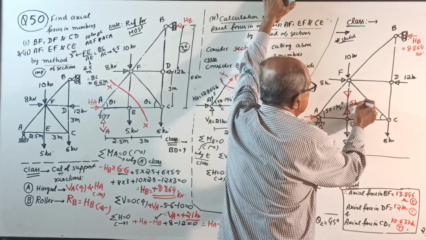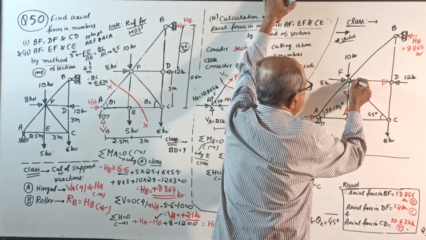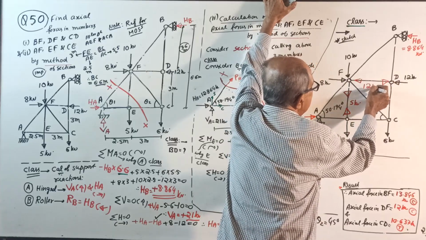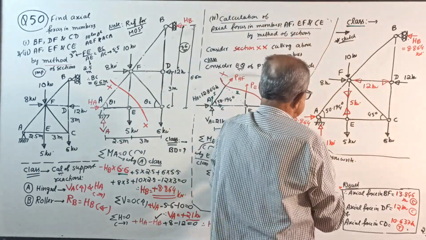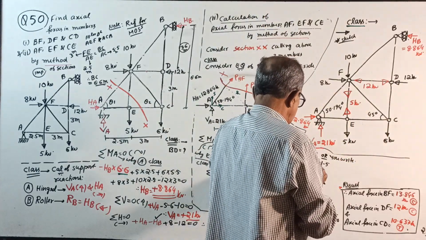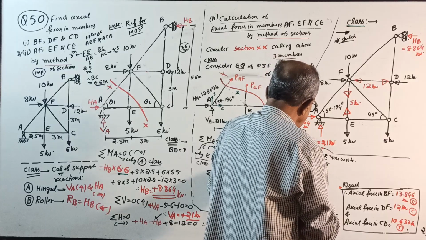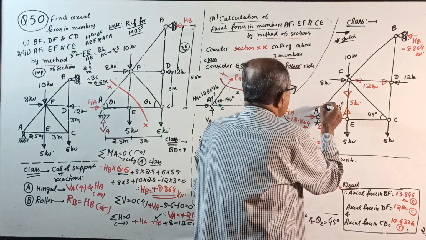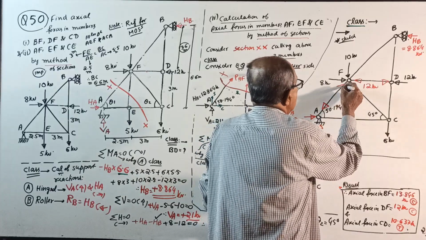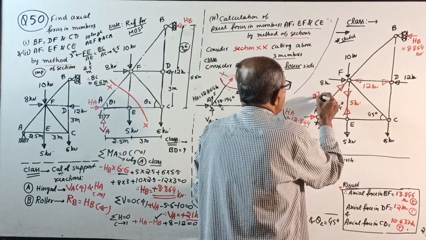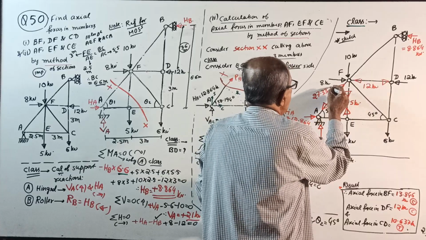5 kilonewton. See, these are shortcuts. I know the answer. 12 kilonewton. 21 divided by sine 50.194. 27.336. How I solve, you never bother.